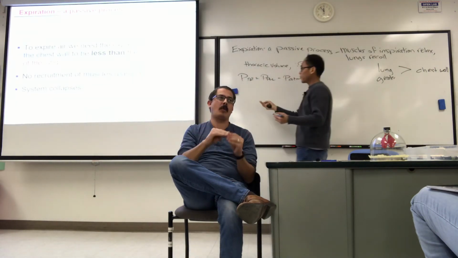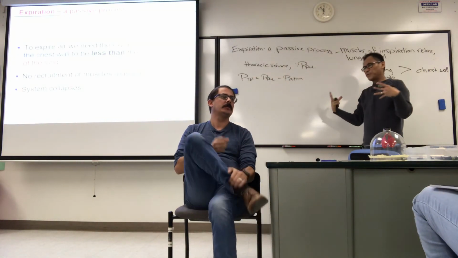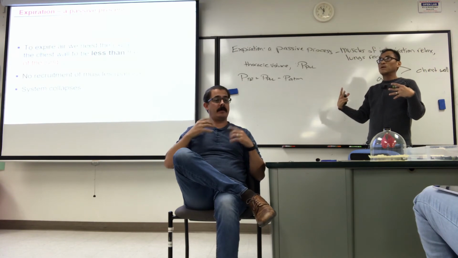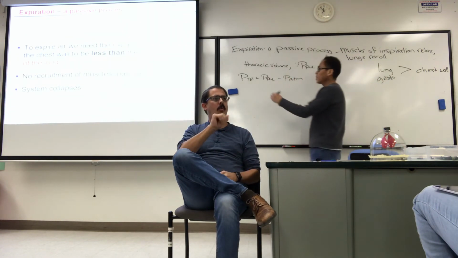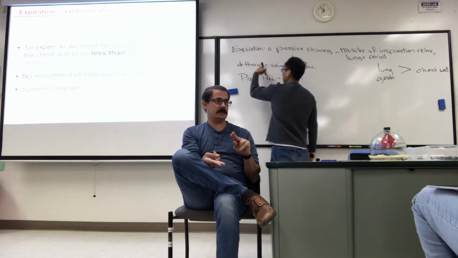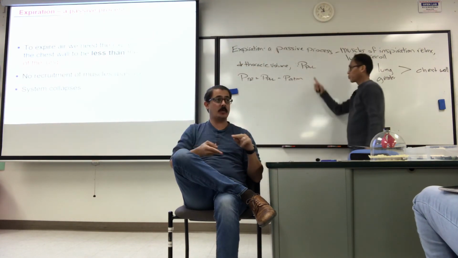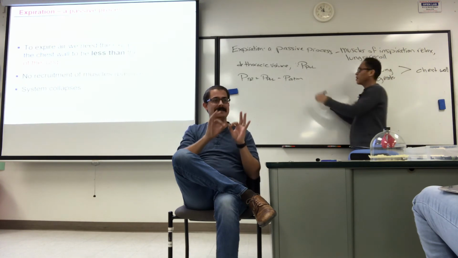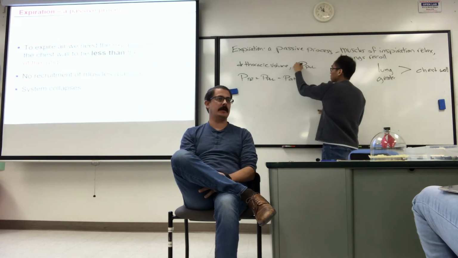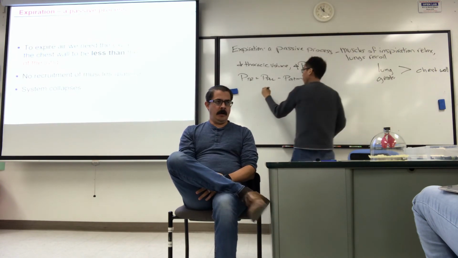Okay, you say it with me. If your chest wall is collapsing, what's happening to the thoracic volume? Decrease. Down. And if you're decreasing the volume, the pressure inside the alveolar spaces is increasing a little bit. And they increase to something like +1.